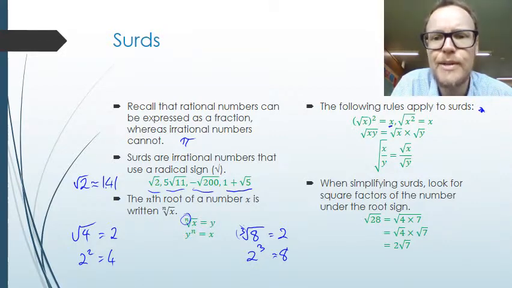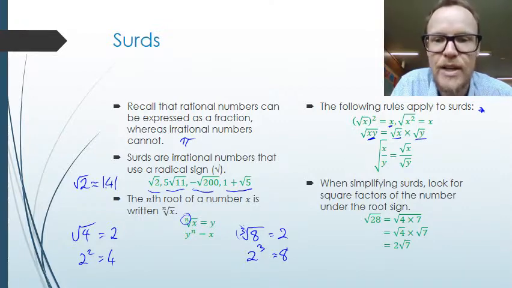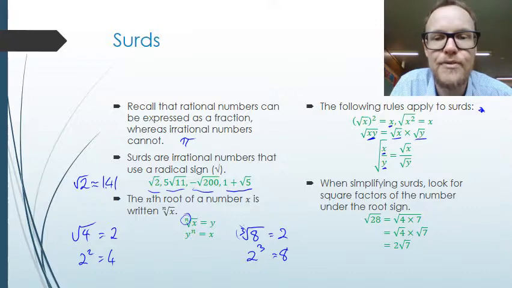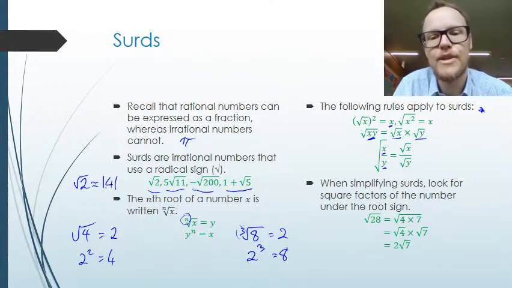I can also separate out the product of two values under a square root symbol as the product of those individual square roots, and I can do the same thing if it's a fraction. So if I've got two values that are divided by each other and then take the square root of that, that's the same as the individual square roots of each of those values over each other.